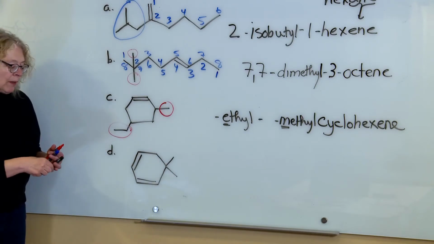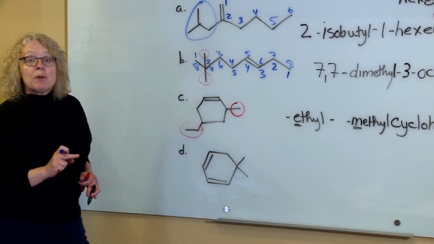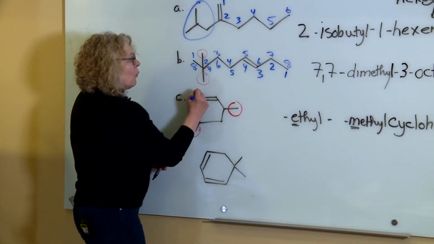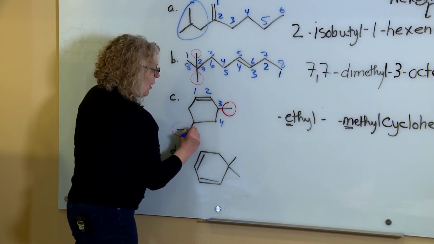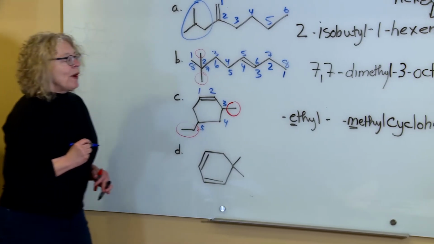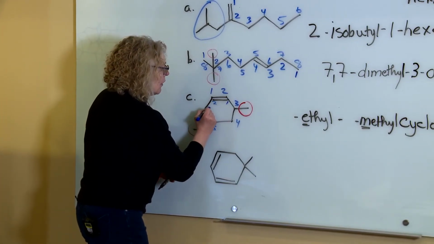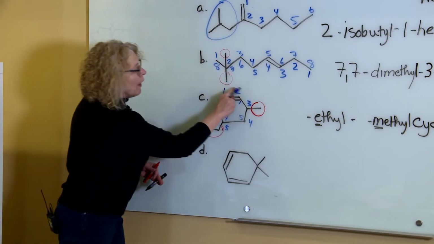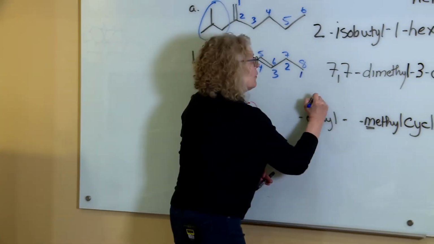What is the numbering, though? Because the double bond is the most important functional group, it has the highest priority, we must have the 1 and 2 positions go through the double bond. So that's one way to number. Then you can number in the opposite direction. When we number around the outside, we have 3, 5 for the two substituents.